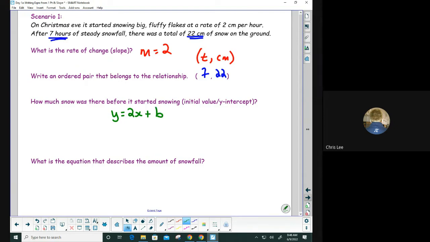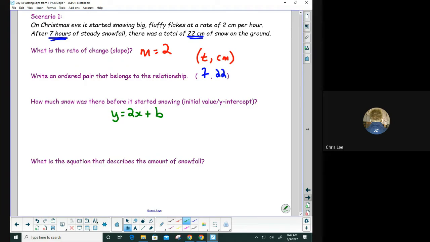We're going to pretend we don't know what the initial value is, even though we've solved it twice. So I can write the equation so far with y equals m, which is 2, x plus b, which I don't know. How am I going to figure it out?